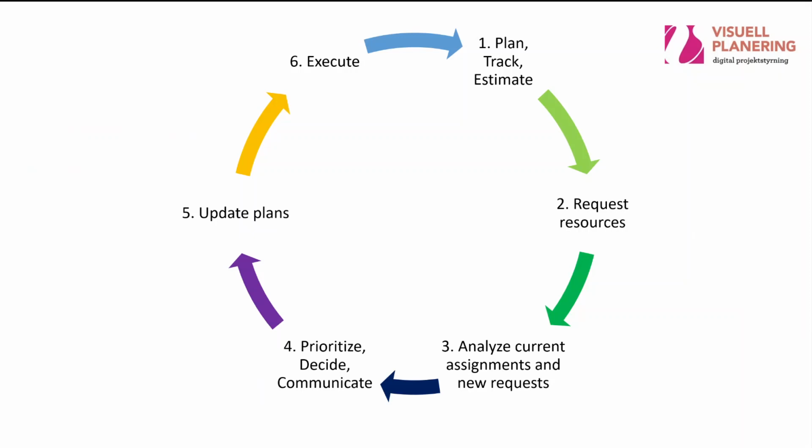Somebody will have to analyze the current assignments and the new requests. You need to be able to get the right people into a room and make prioritizations, make decisions, sometimes tough, and also communicate those decisions so that everybody can update the plans. And once that is done, the projects will execute until you run into the next round of this circle.